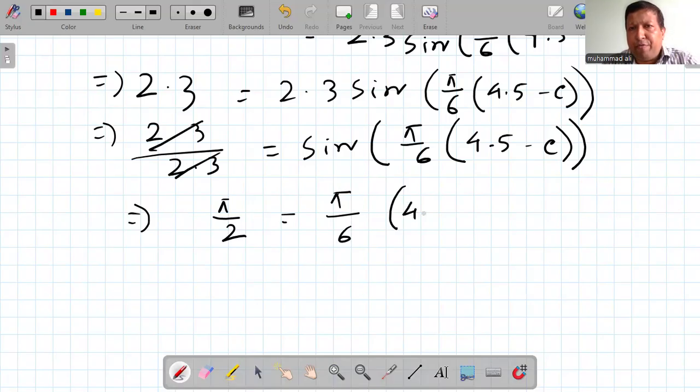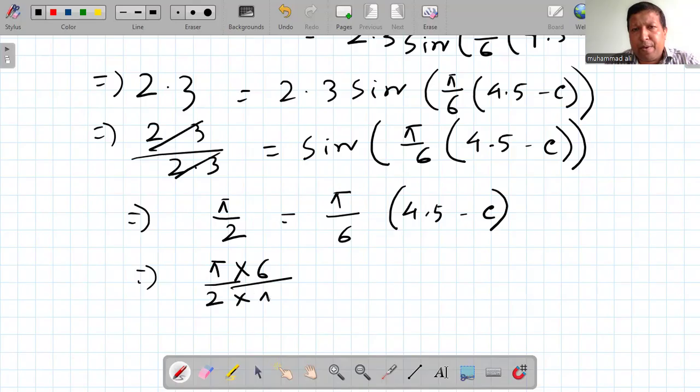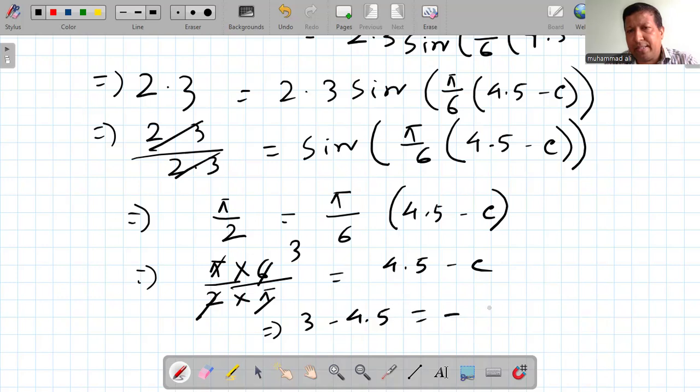So pi by 2 equals pi by 6 times (4.5 − c). If we do cross multiplication, pi multiplied by 6 and 2 multiplied by pi equals 4.5 minus c. The 2 and 6 cancel, pi cancels. So 3 minus 4.5 equals minus c.